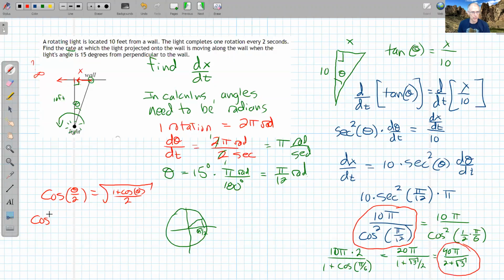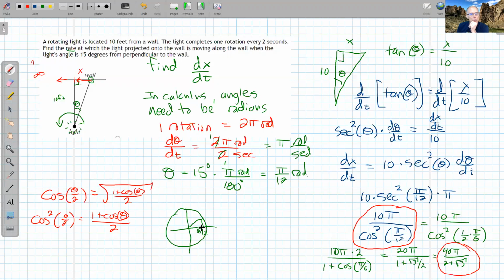So cosine squared of theta over 2 is just 1 plus the cosine of theta over 2. So here's my cosine squared of pi over 12. Pi over 12 is really pi over 6 over 2. So there's my 1 plus cosine of pi over 6. And then divide by 2, I multiply it into the numerator.